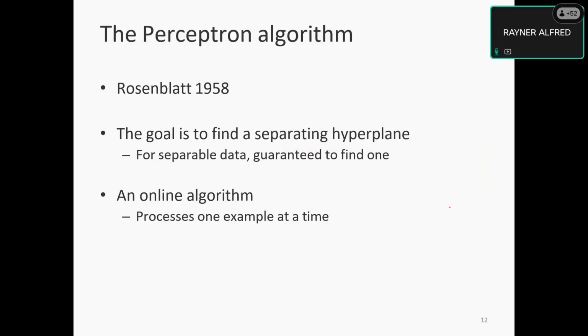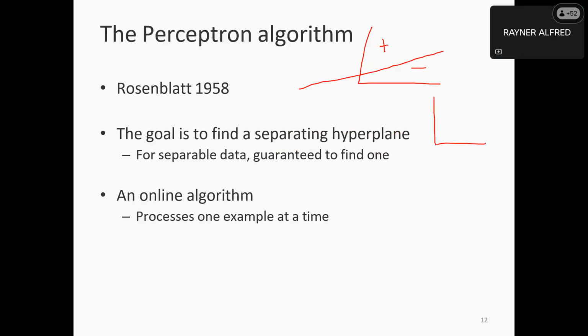The goal is to find a separating hyperplane for separable data. So this is for the linear function only, because in 2D we are looking at the line that separates positive and negative.